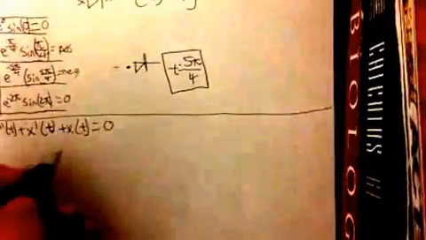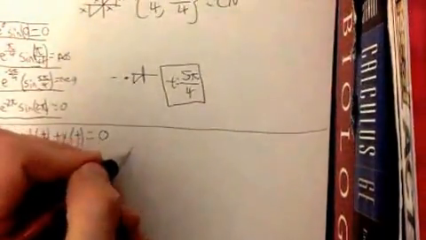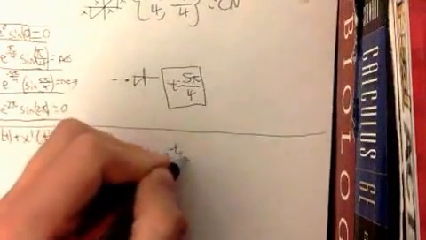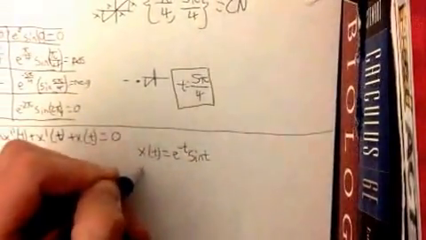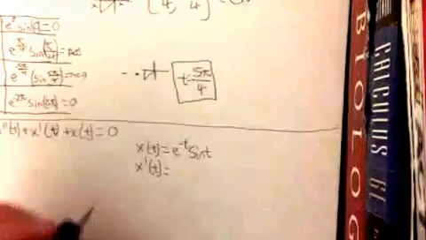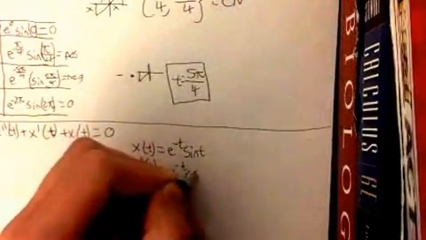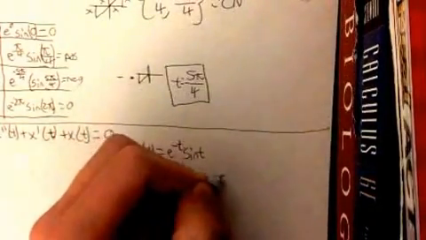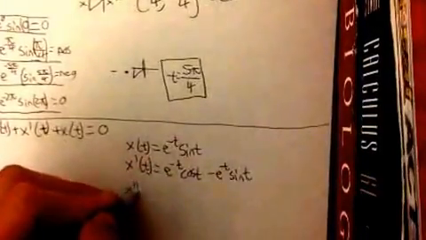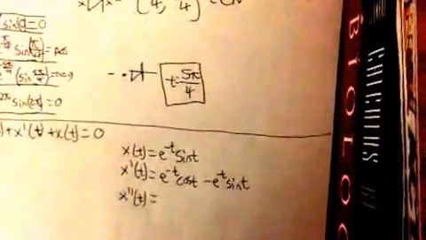So now the next step would be to find x of t, x prime of t, and x double prime of t. So we know x of t is going to equal e to the negative t sine t. We know x prime of t from the last problem is going to equal, and I'm just going to write it out in its longer format, e to the negative t cos t minus e to the negative t sine t. And then x double prime of t is a bit harder to solve.